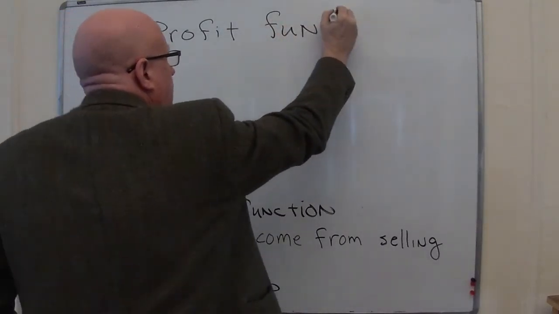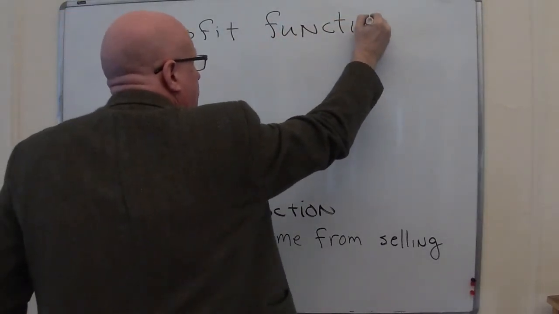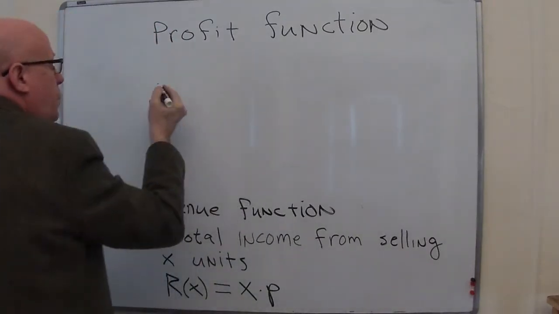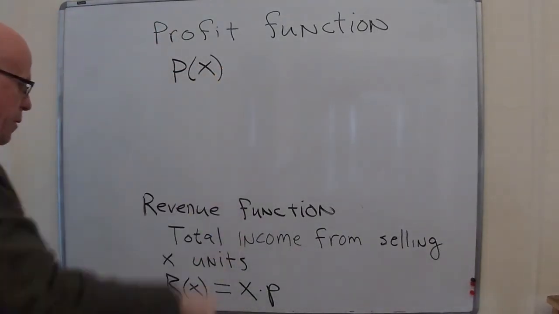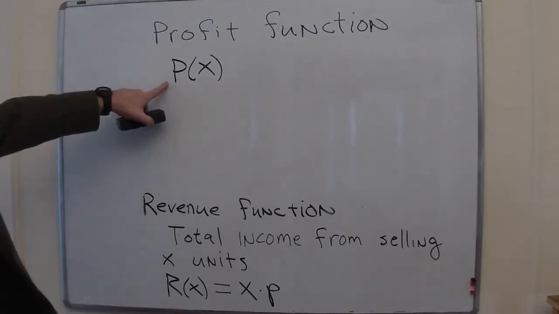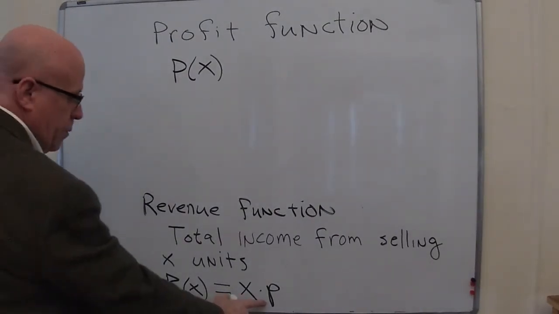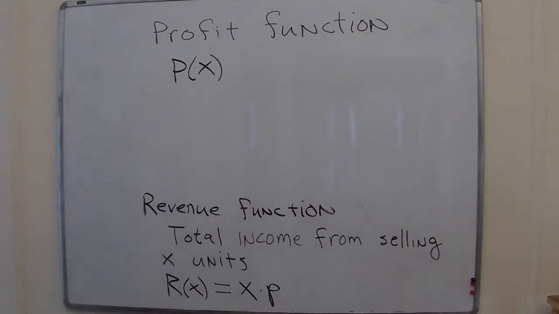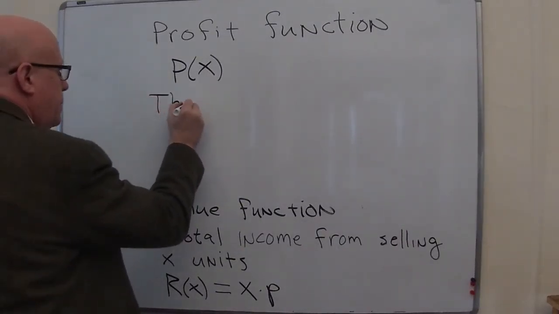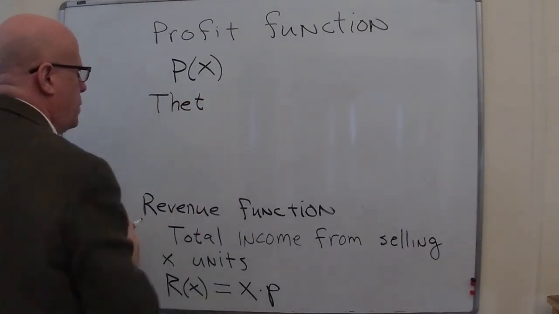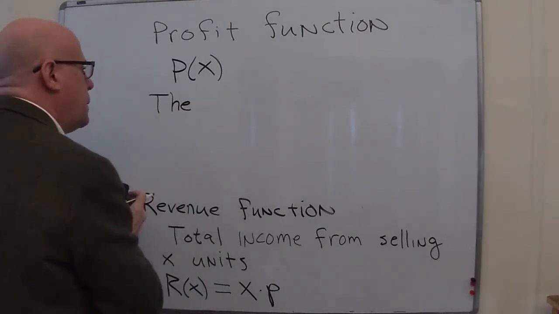We had C of x and R of x for cost and revenue. The profit function is P of x. Universally, everybody calls profit capital P. Notice the difference between the capital P for profit and the lowercase p for price. That's the total profit gotten from producing x units.